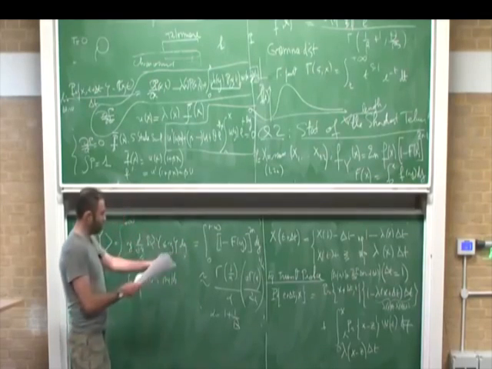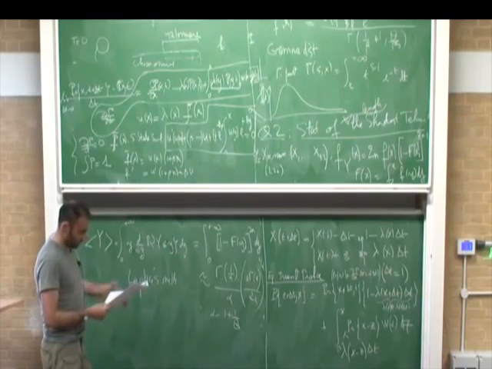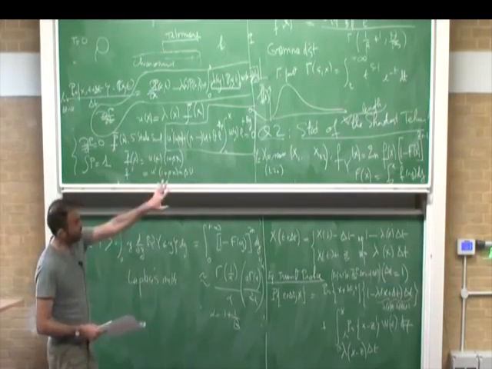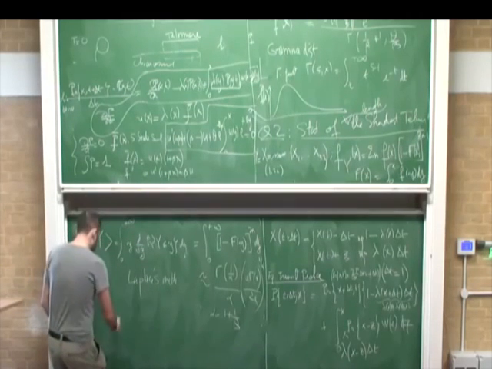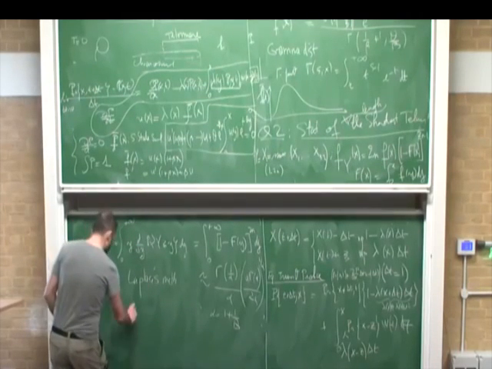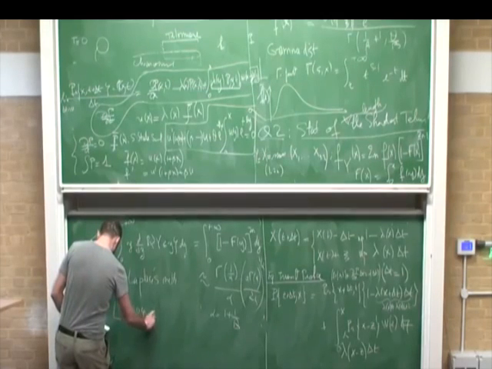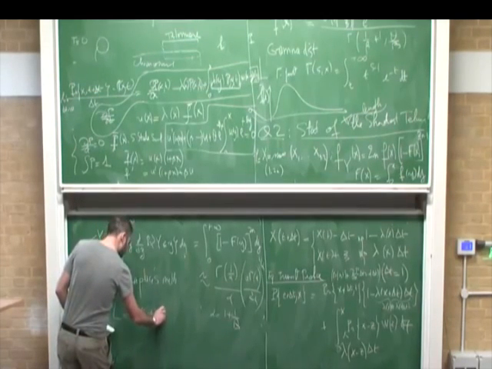You don't have to memorize this. But now we plug in numbers and we find that the mean is 184 plus or minus 25.